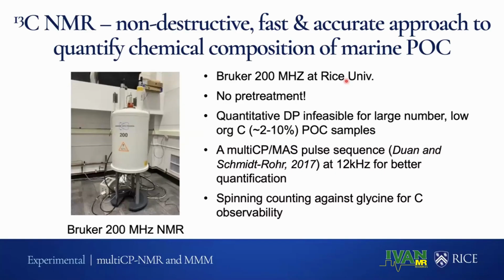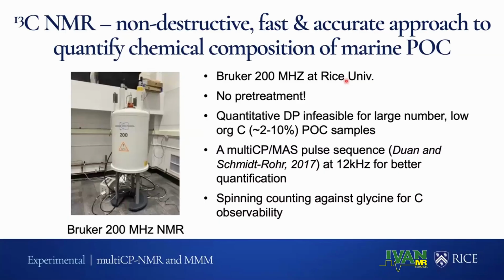CP is faster, but less quantitative, the standard CP, because it often underestimates certain functional groups due to their differences in proton proximity and polarization transfer efficiency.